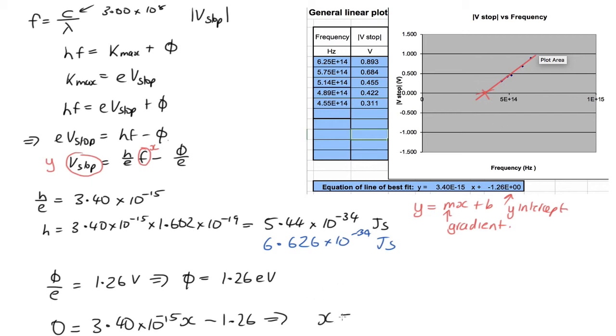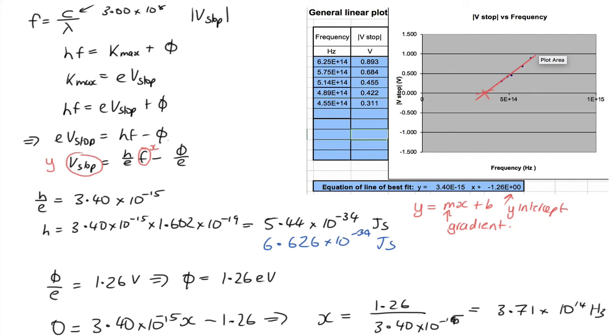So x is equal to 1.26 over 3.40 times 10 to the minus 15. And solving this, we end up with 3.71 times 10 to the 14 hertz. So you can see that frequency is just a little bit lower than our red light. So we never actually hit the cutoff frequency in the experiment that we were doing. It would be in the infrared region, so not in the visible region.